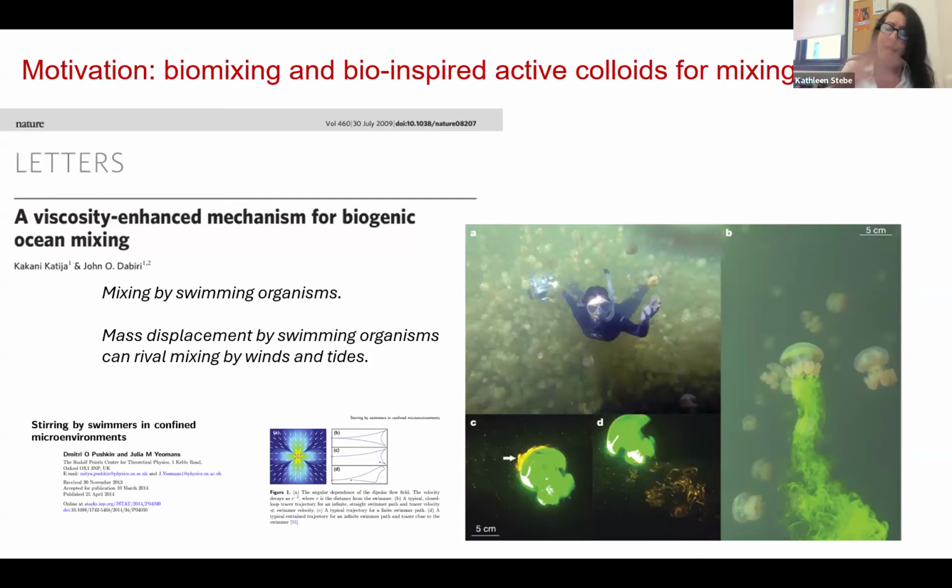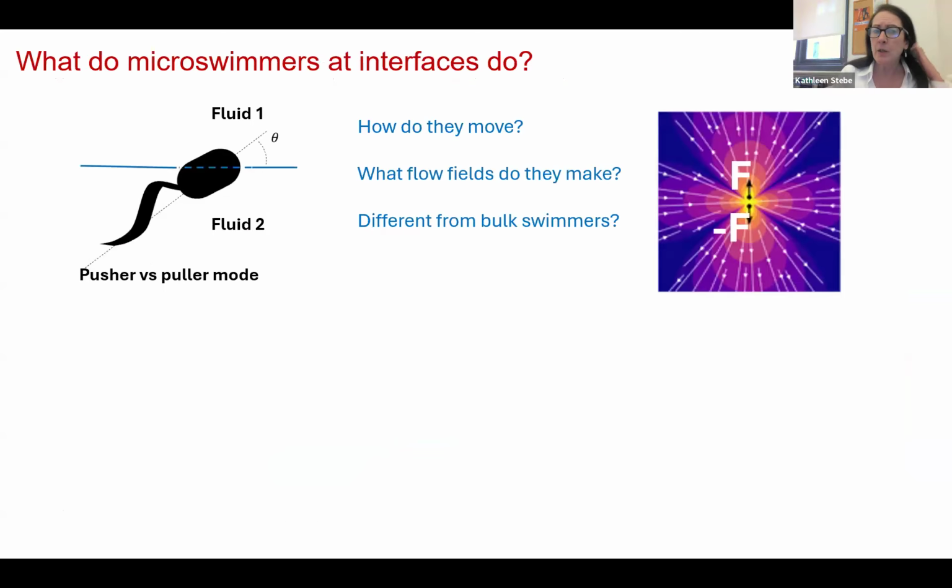I think it's a very interesting space, and when we became aware of the domain, we were asking ourselves, how would interfaces be special? What might be different for biomixing at a fluid interface? If I have a swimmer at a fluid interface, one question is, does its contact line become pinned, as is common for everyday colloids like polystyrene beads when they get trapped at a fluid interface?